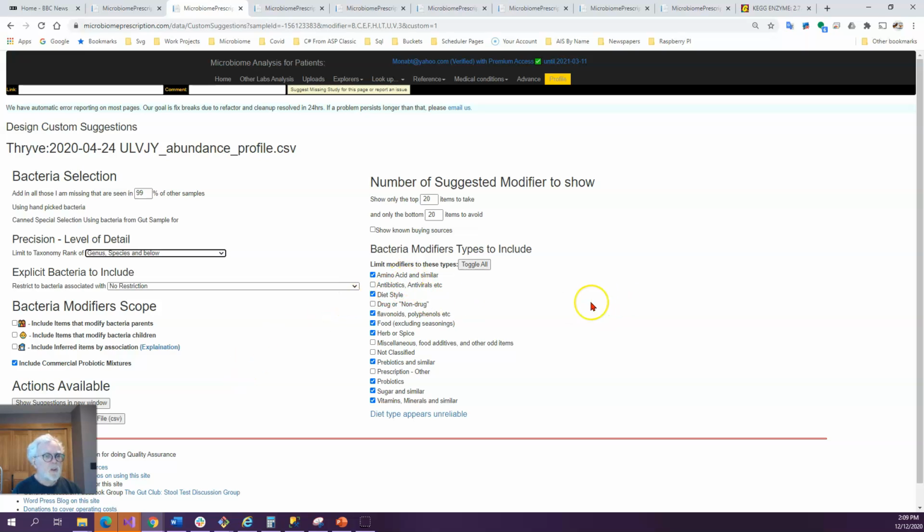You have your choices of what you want to consider for suggestions. Some people, for example, won't do prescription drugs. Other people have no problems with it. We can go through and mark everything, or we could do just one or two things such as amino acids and supplements or diet styles, whatever. Your choice.